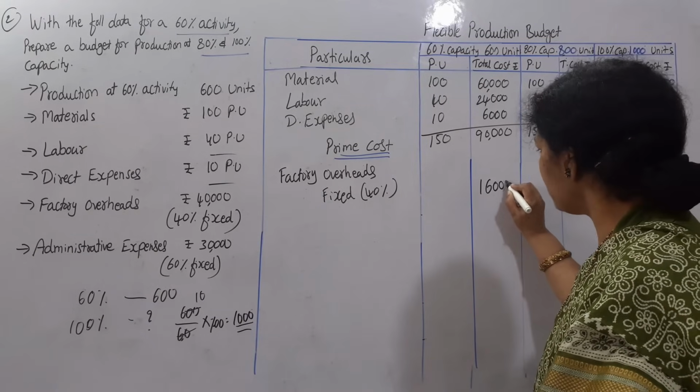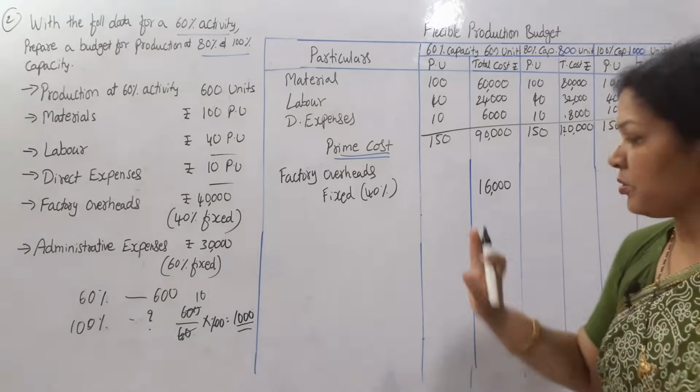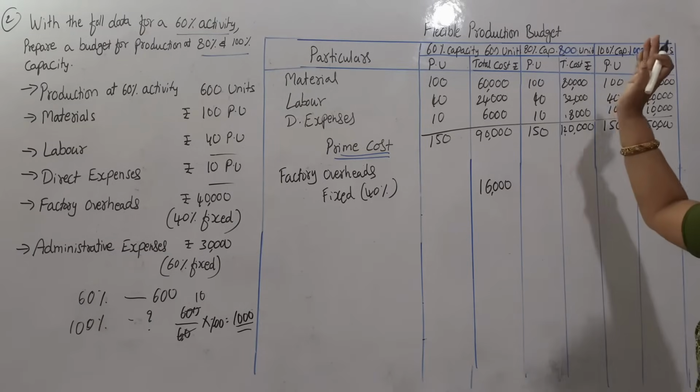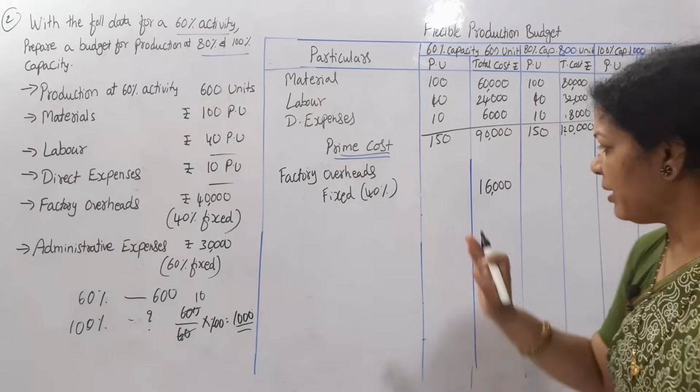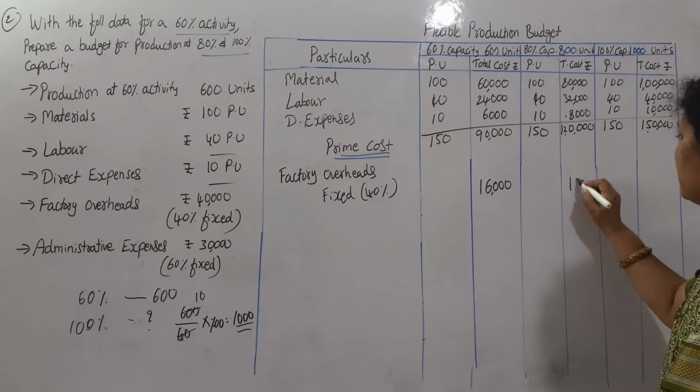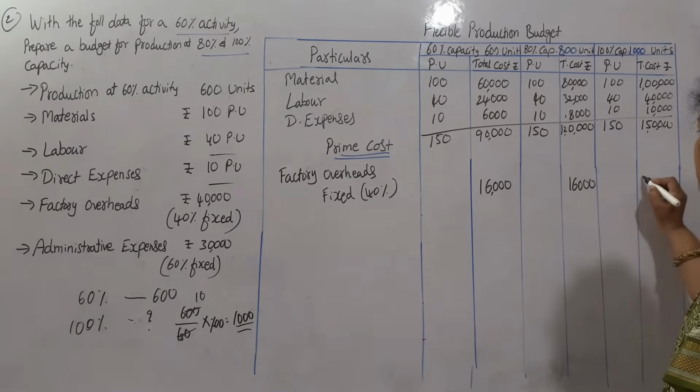Fixed means it is fixed. There is no change at all. We'll write everywhere, whether it is 80%, 100%, 120%, whatever it may be, it doesn't matter. We'll write the same amount, 16,000. It is fixed.